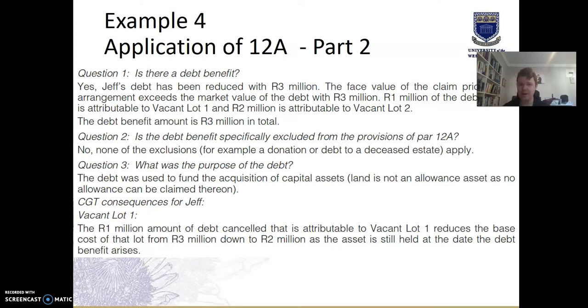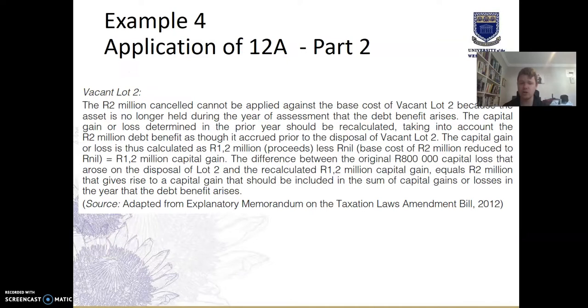So it all applies. For vacant lot 1, it's quite simple because of the debt reduction, you still hold the asset. You just reduce the base cost. It's land. There's no allowances. You're good to go. The issue with vacant lot 2 is that we've already sold it. So we've worked out that we had a gain. Okay, we actually worked out that we had a loss.